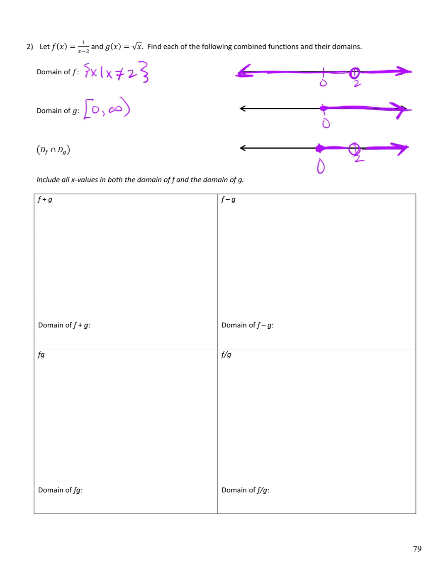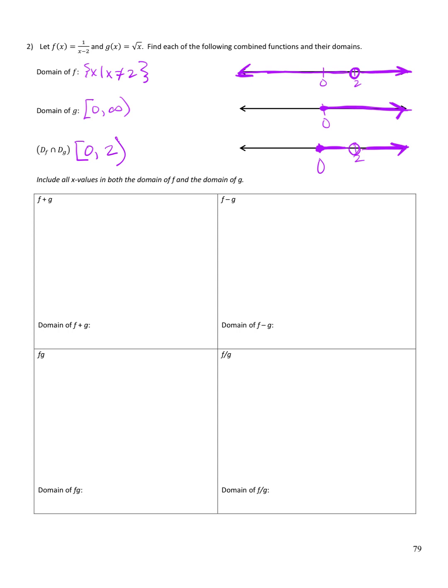I'm going to include the 0 because it was included in both f and g, so it's included in the intersection. So when I write it out in notation, I put a square bracket, 0, I'm going to go to 2, and then I'm going to put a round bracket because I can't include the 2 in this domain.